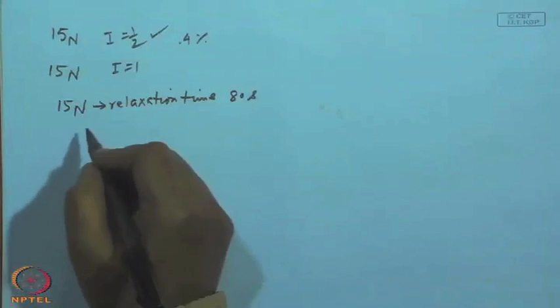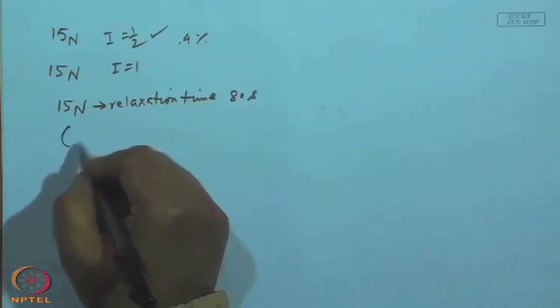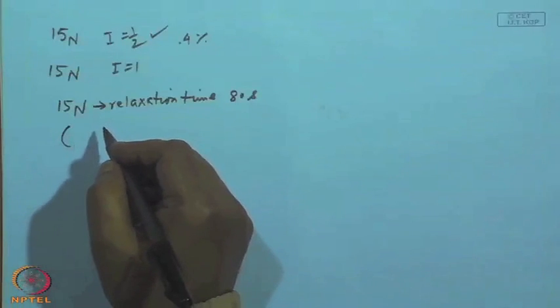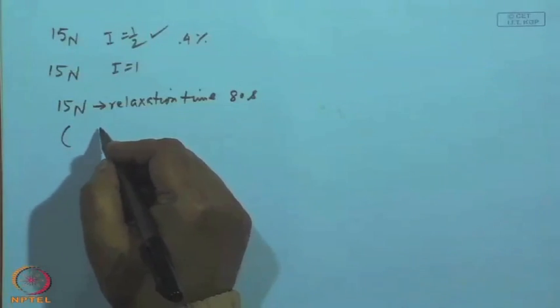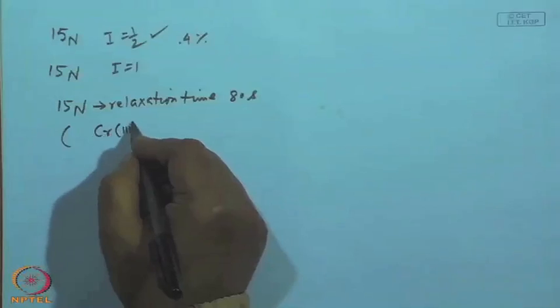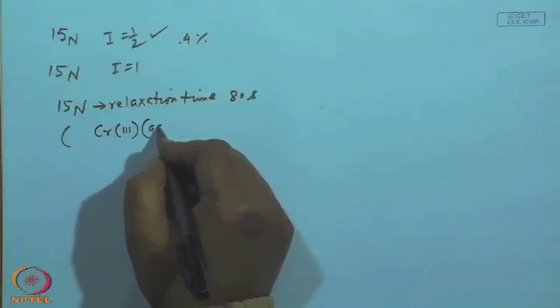So occasionally, here the inorganic people would come, and they will put in a chromium complex, the acetylacetonate complex of chromium(III). What is it? It is a paramagnetic substance. If you have the right paramagnetic substance, it optimally induces relaxation, which means the relaxation time decreases.